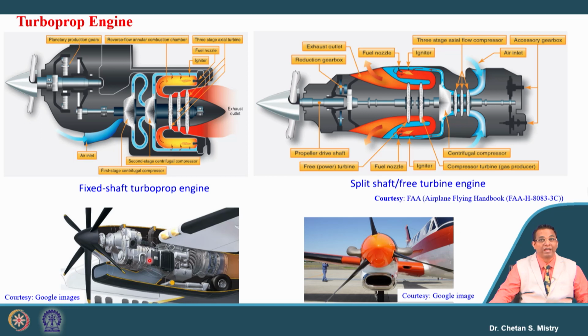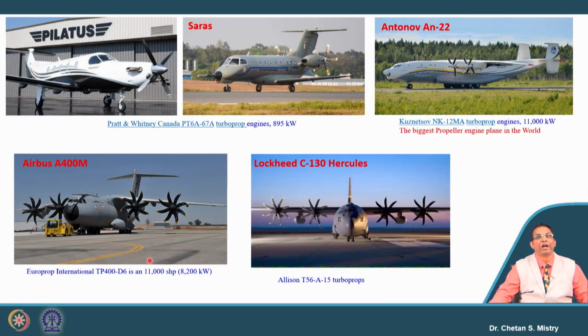You must be realizing the whole purpose here is power generation. And compactness is a major requirement. Lightweight also is a major requirement. As we go ahead, you will realize the importance of why we are having these axial centrifugal compressor combinations. Here, if you look at this, all are aircraft which are connected with different engines.